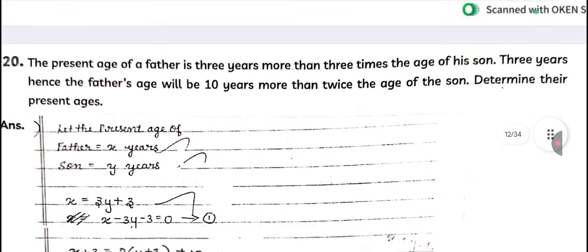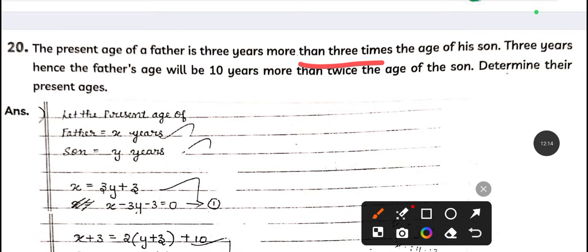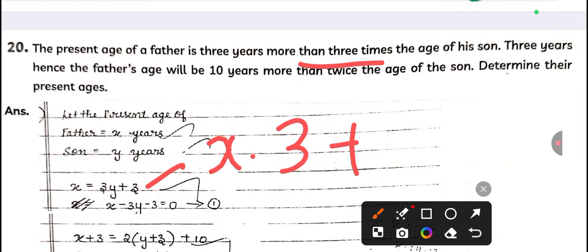Okay, age problem. Once the age sum comes down, only then it is considered somewhat complete. The present age of father is 3 years more than 3 times the age of son. So 3 plus, present age of father is x, then 3 times the age of son, 3y. Equate.